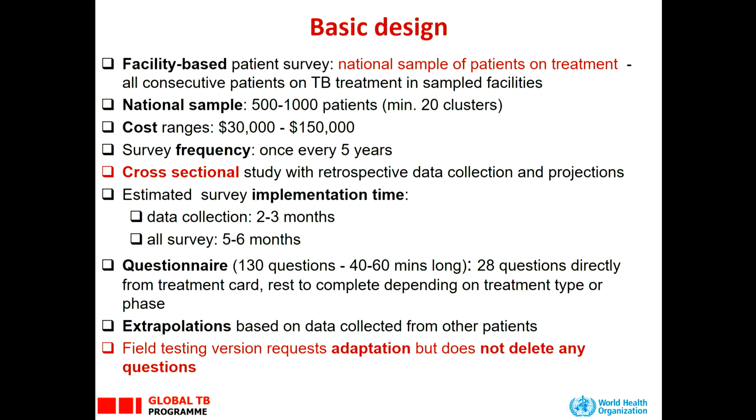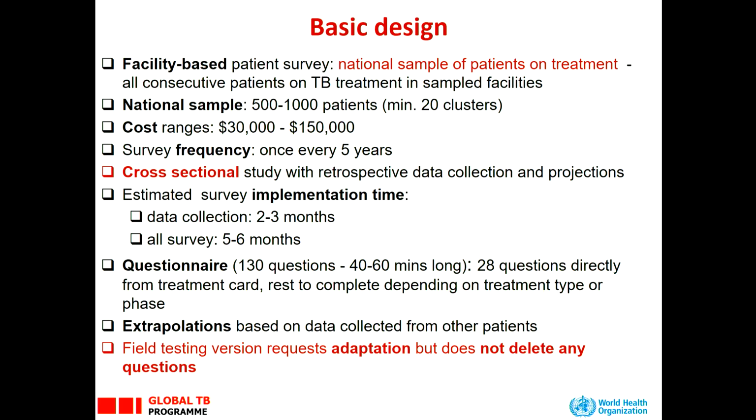The cost of these surveys, depending on what personnel time is covered and the size of the sample, has ranged from 30,000 to 150,000. And we expect the survey to be carried out once every 5 years, now to establish the baseline, and in 5 years to monitor progress towards the NTB indicator in part.